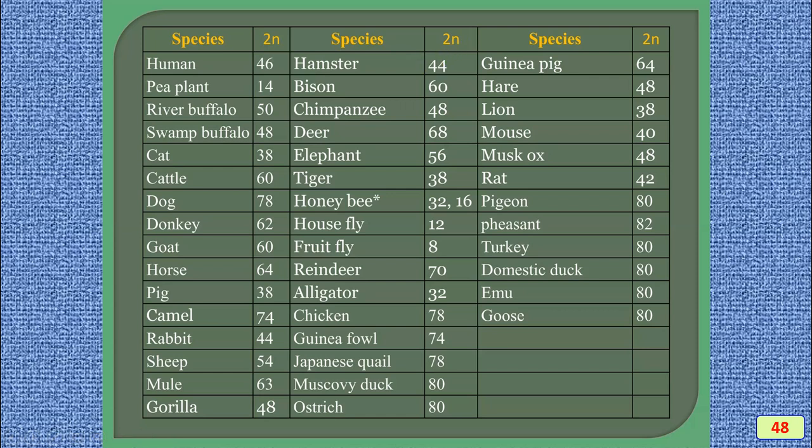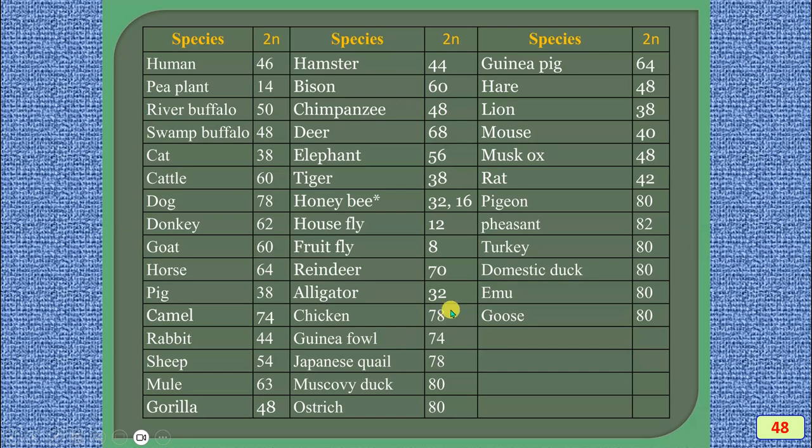Bison, it is 60, equivalent to that of cattle, but the crossing cannot happen between a bison and cattle, because even though the number is the same, the genetic structure is totally different. Chimpanzee, it is 48, and deer, it is 68, elephant 56, tiger 38, honey bee maybe sometimes it is 32, and between male and female there is a variation.